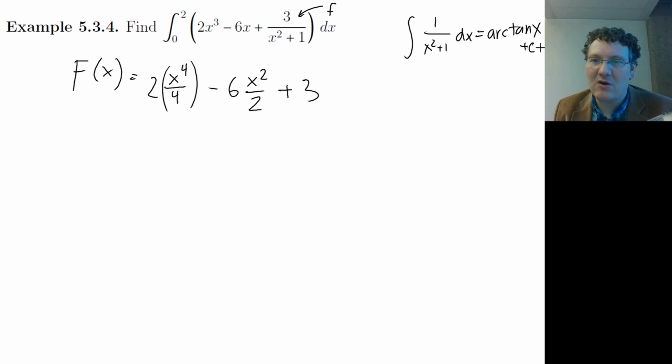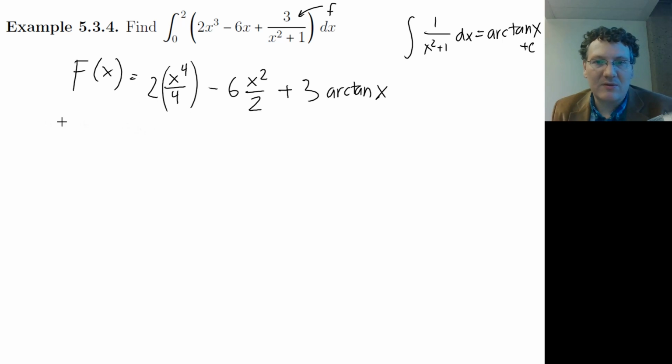But the derivative of arc tangent is 1 over x squared plus 1. So I'm going to have 3 arctan of x. That 3, and then I'm not going to put the plus c because I don't need to use the general antiderivative. I'm just going to use an antiderivative.